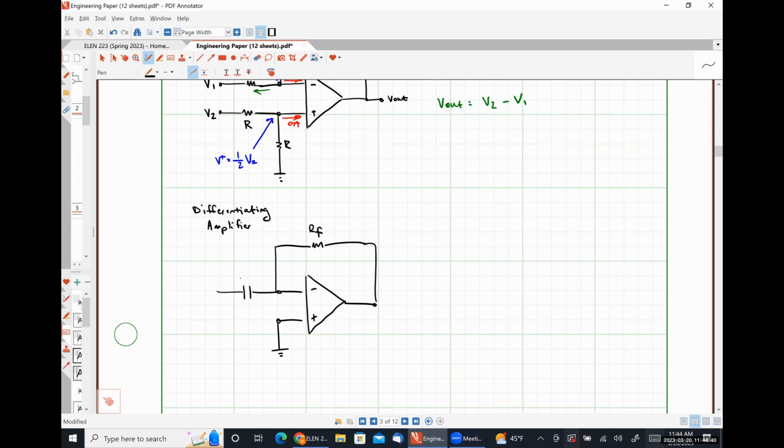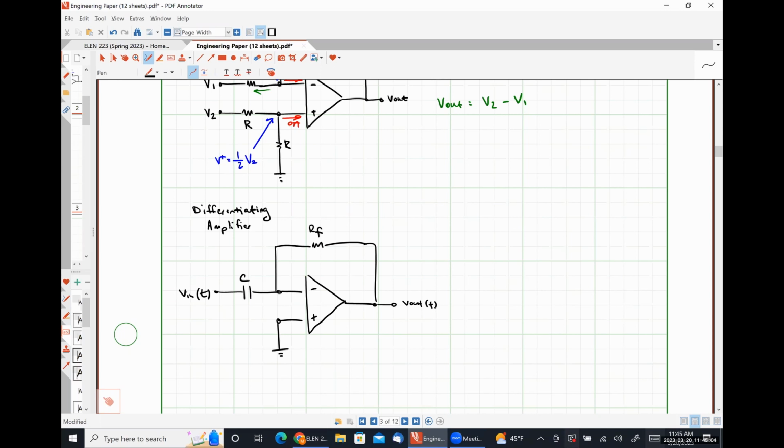We are going to put our capacitor here. And because we're dealing with a capacitor, I'm going to explicitly state that my input signal needs to be time varying, because this gets wildly boring if we just use DC signals. We don't get anything.